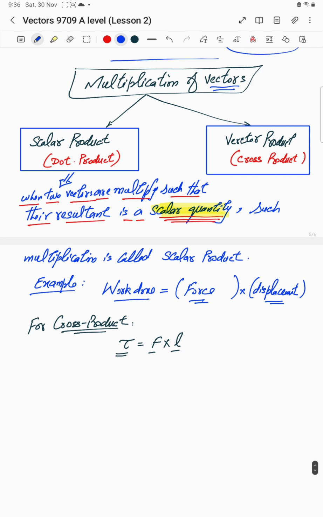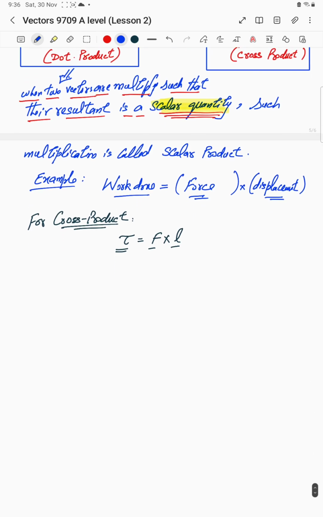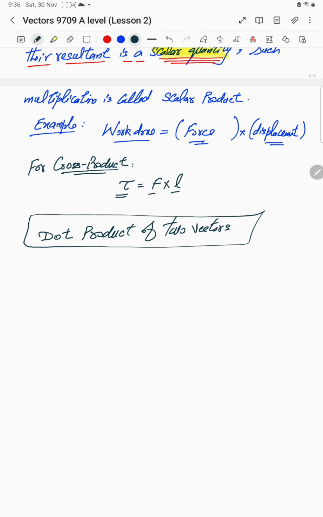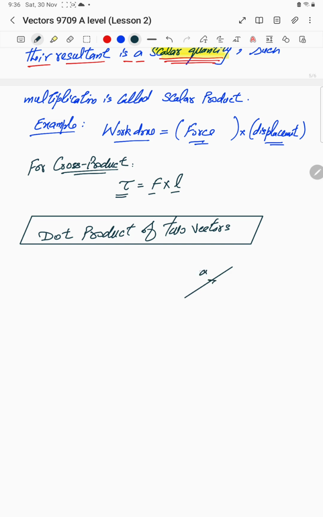Okay, now we will do the dot product. Suppose we take the example of the dot product of two vectors. Suppose we have two vectors. One vector is A moving in this direction, the other is B moving in this direction, and the angle formed between these two vectors is theta.